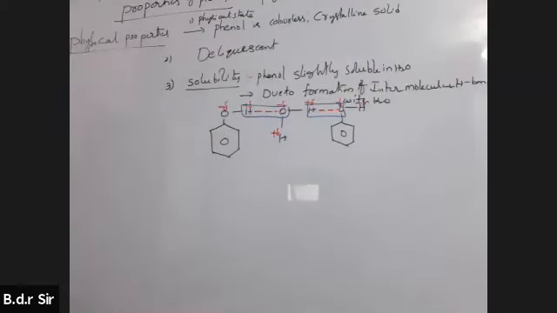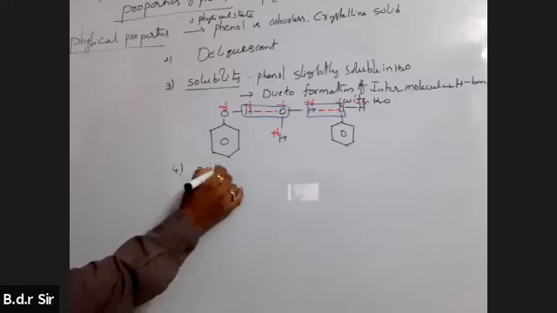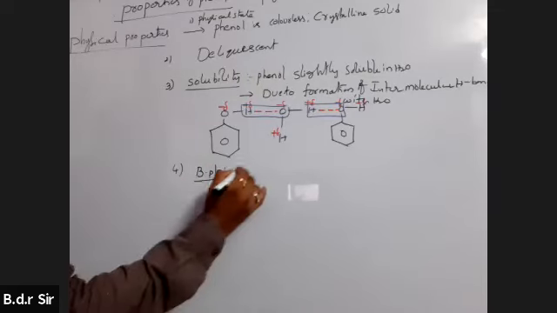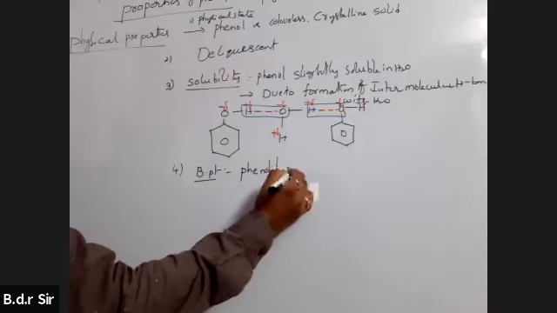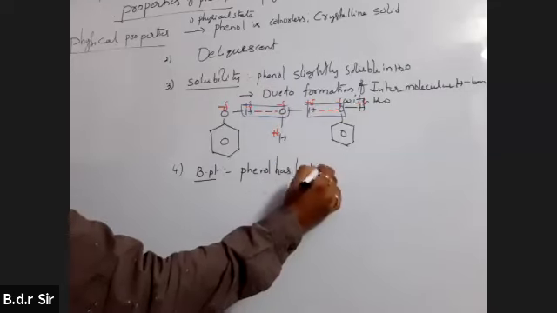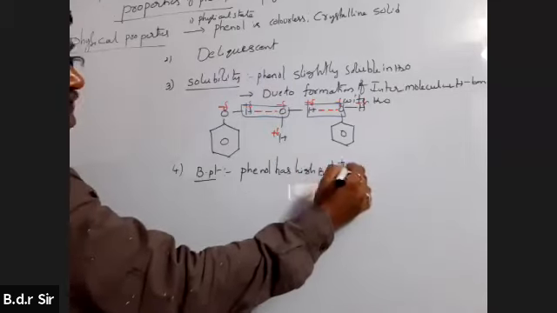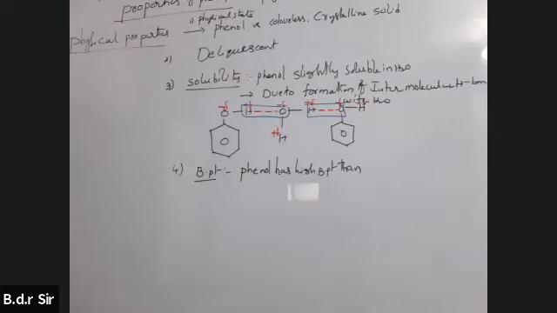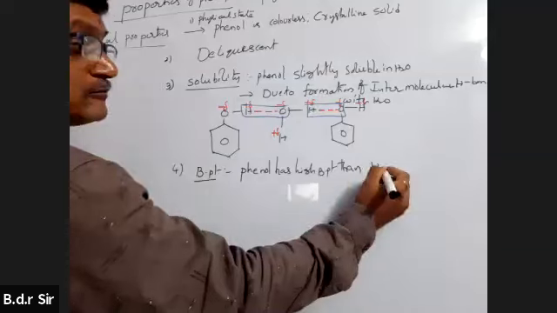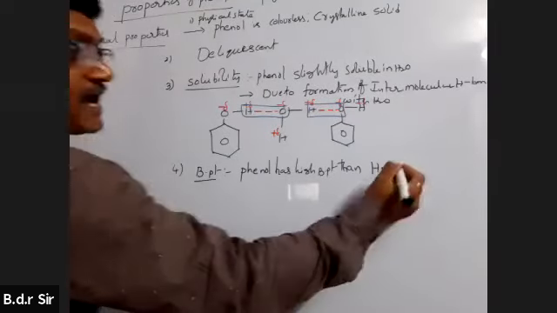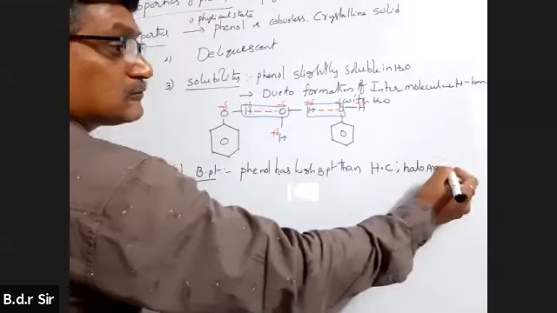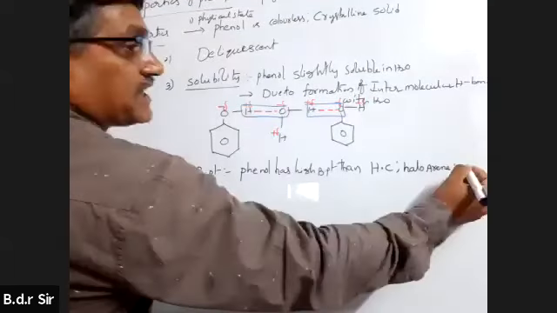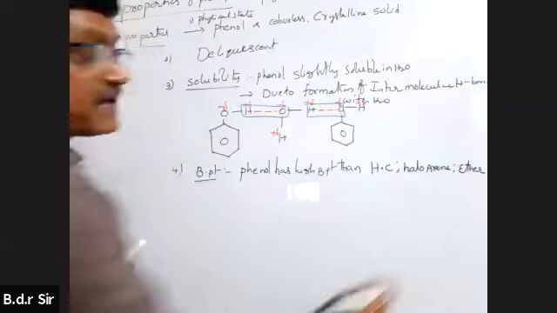Next, another one, boiling point. Phenol has a high boiling point than hydrocarbon, halogen, and ethers of comparable masses.